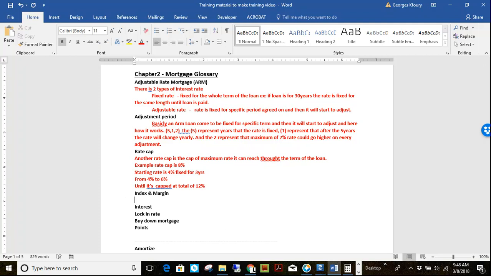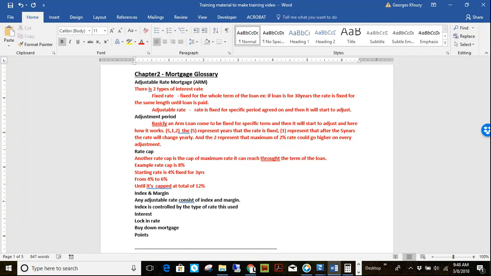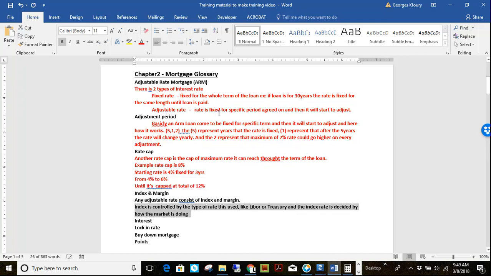Any adjustable rate consists of an index and a margin. The index is controlled by the type of rate that is used, like LIBOR or Treasury, and the index rate is decided by how the market is doing. That's the index.